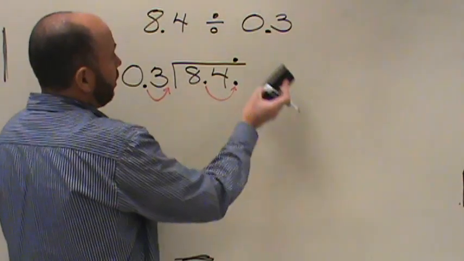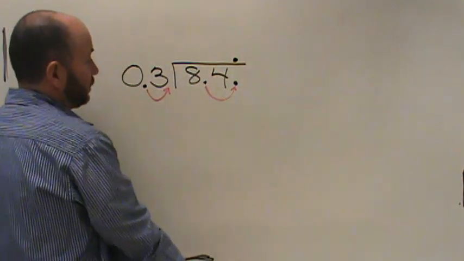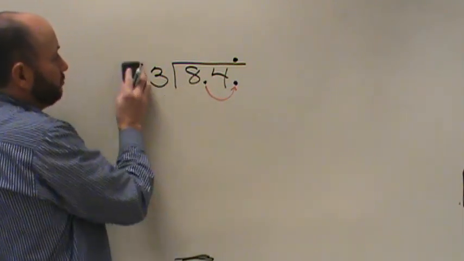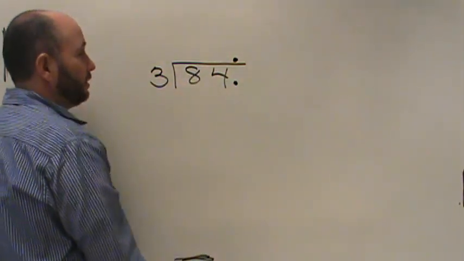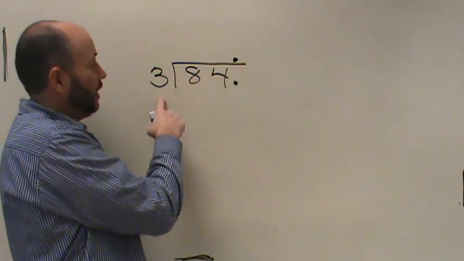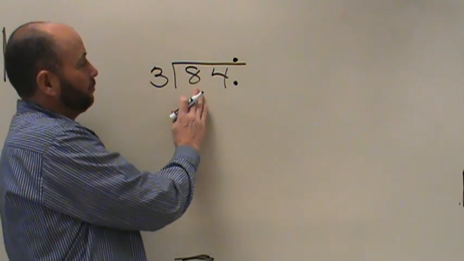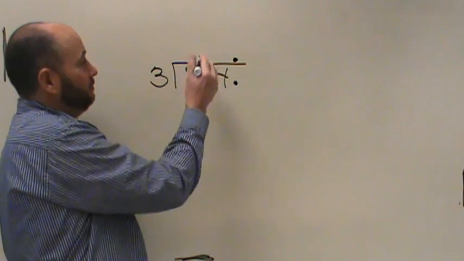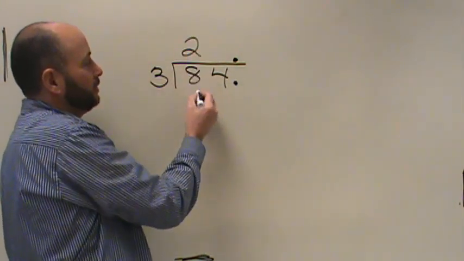So our problem, if you erase all of those, would now simply be this problem right here: 84 divided by 3. Ask yourself, how many times will 3 go into 8? You can't do that. So 3 will go into 8 a total of 2 times. 2 times 3 is 6.